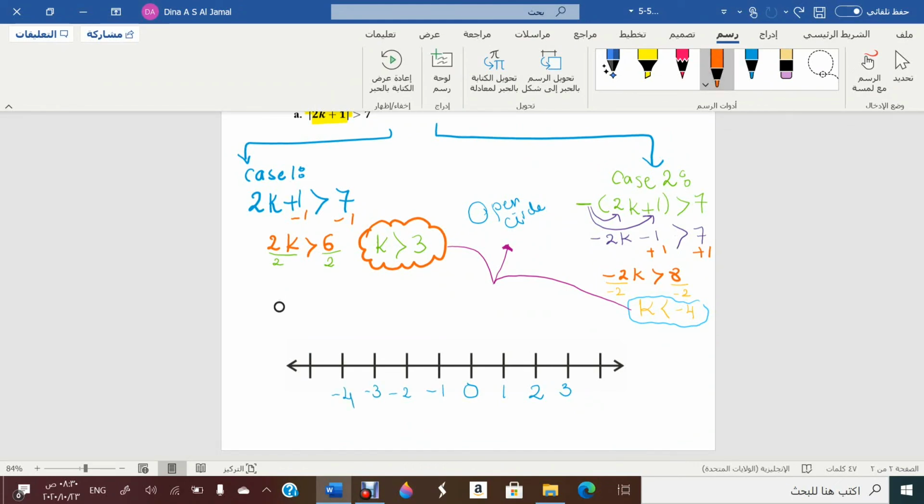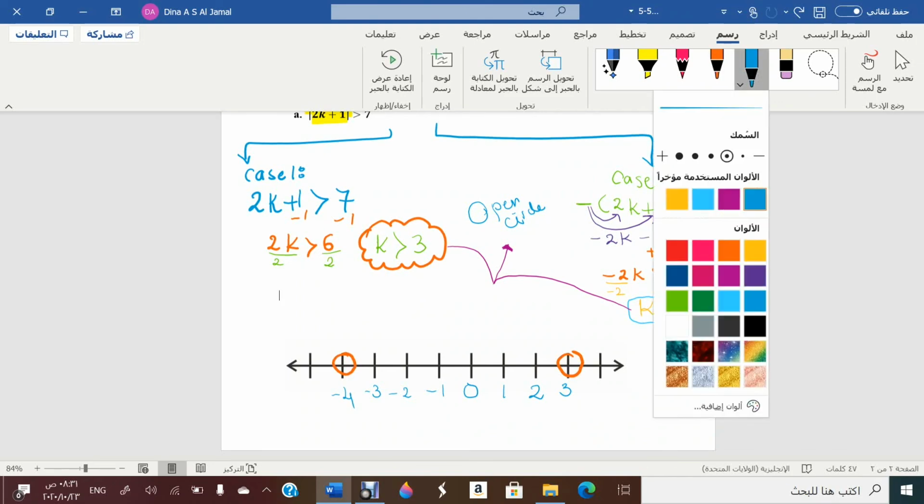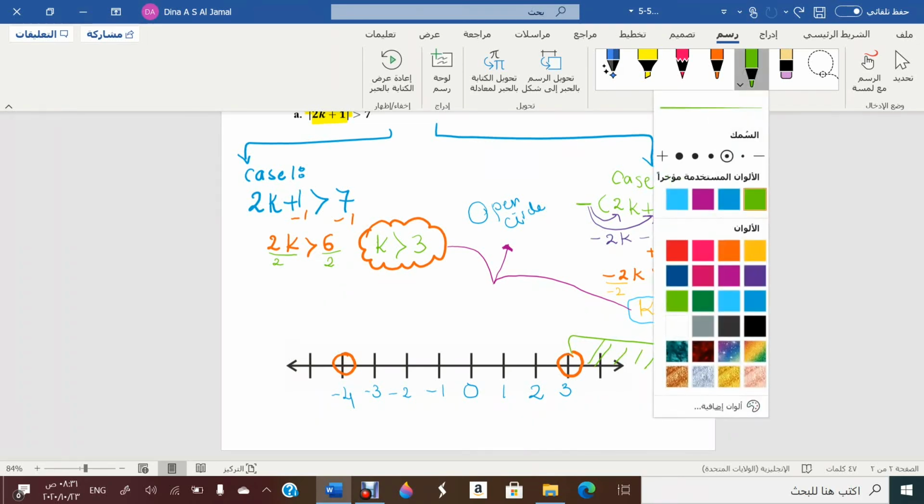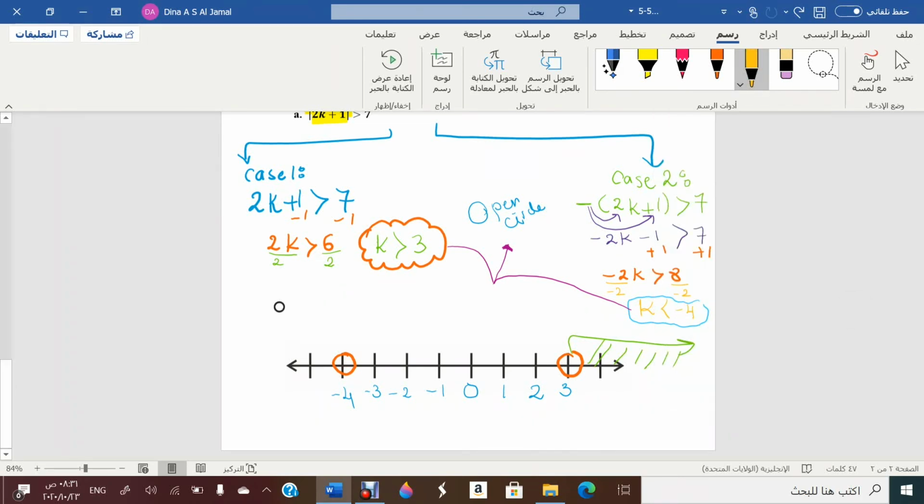So both of the circles must be open. Put it before you forget. Now let's go and highlight. I need the numbers bigger than 3. Is it to the right or to the left? It is to the right. Highlight everything. Now I want the numbers less than minus 4. To the right or to the left? It is to the left.